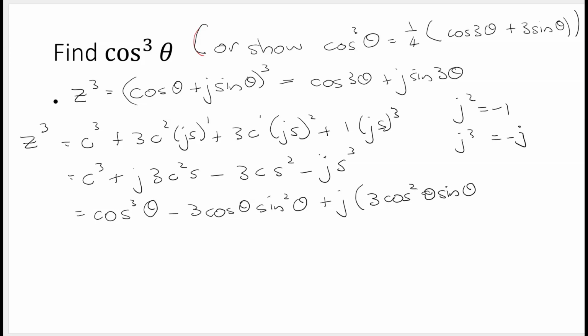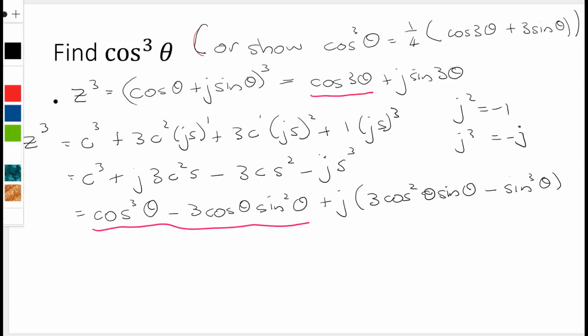And then minus sine cubed. Let's use colour again. Let's use pink for the real bit. So this must be the real bit, which corresponds to cos 3 theta. And then the imaginary bit is the sine 3 theta, which must be that bit.